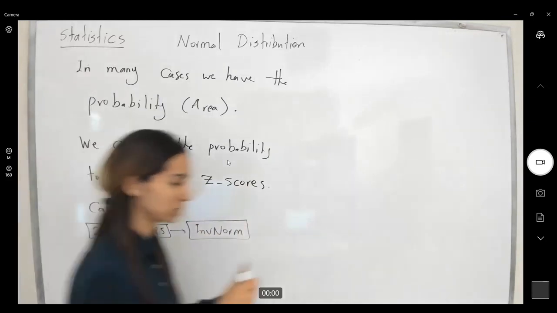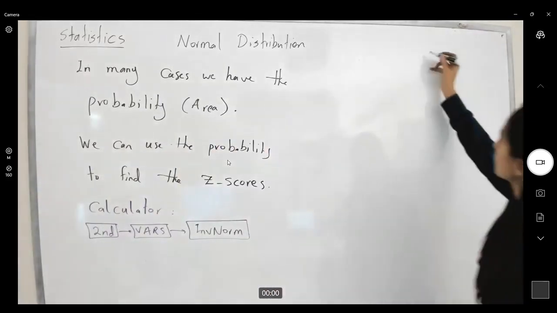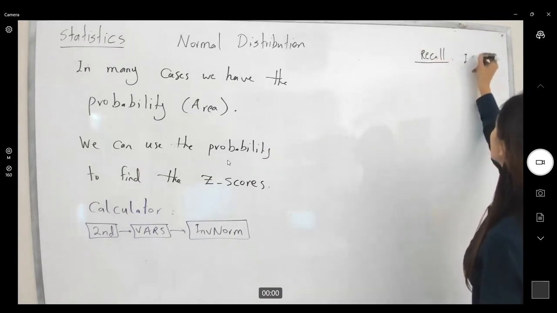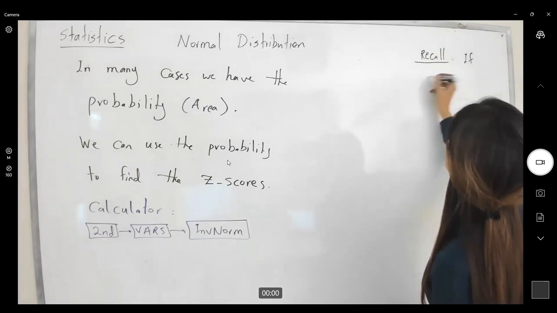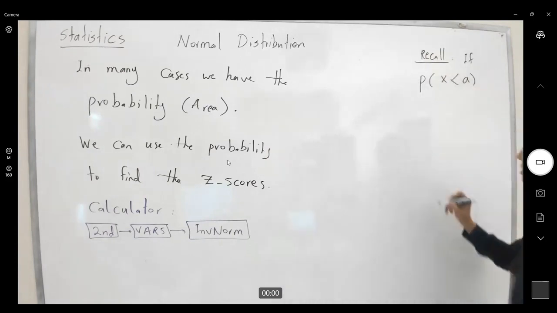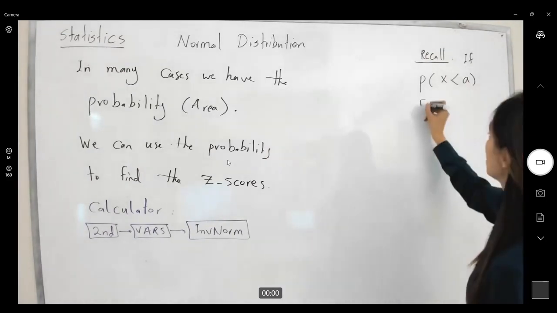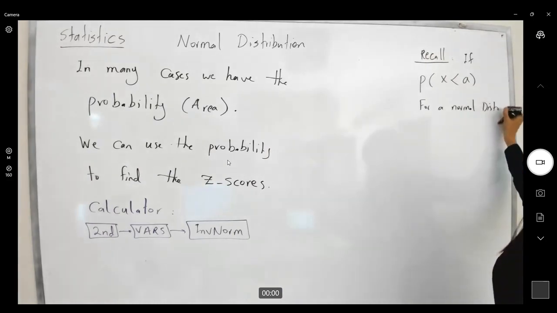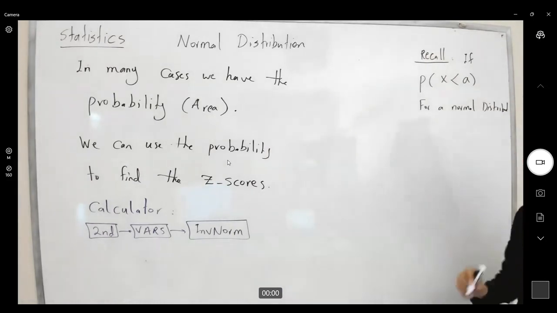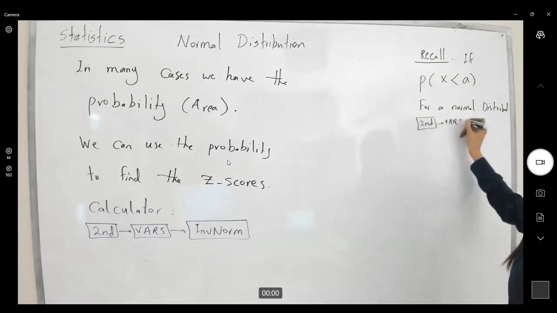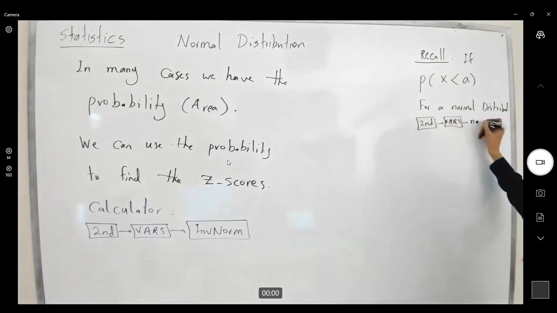So again, a quick recall for you. If you're finding the probability that x is less than a, and you have a normal distribution, you're going to go to second, you're going to go to vars, and you're going to use normal CDF.